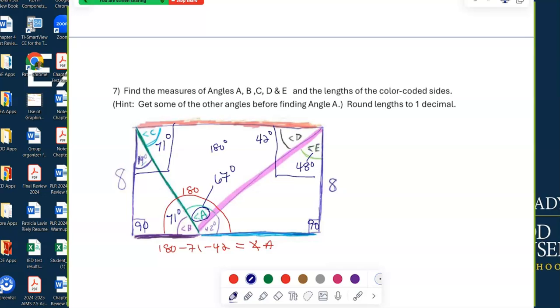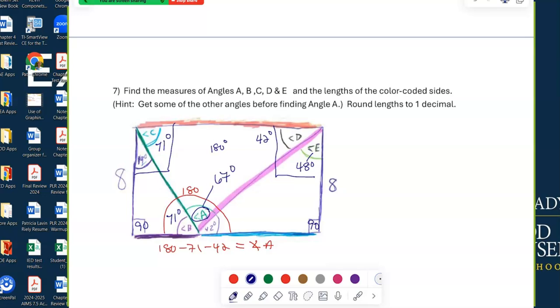So now we're able to do our sides. Let's see how we're going to do that. What are your thoughts? My thought is that I'm going to work at the bottom of the triangle, because I can figure out some of the pieces by using SOHCAHTOA, since I've got right angles.